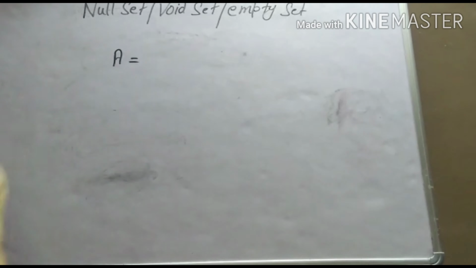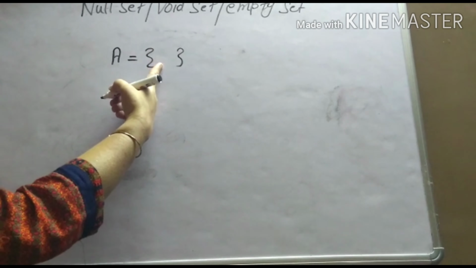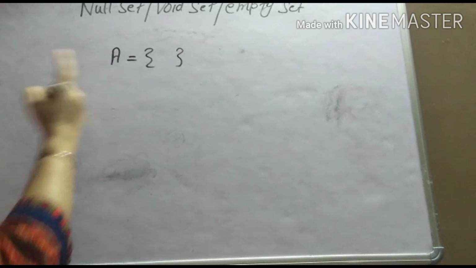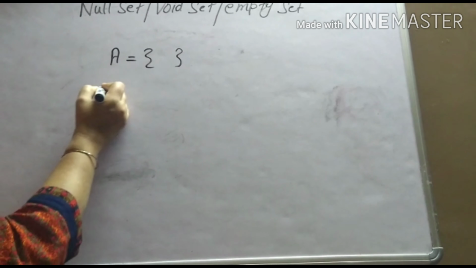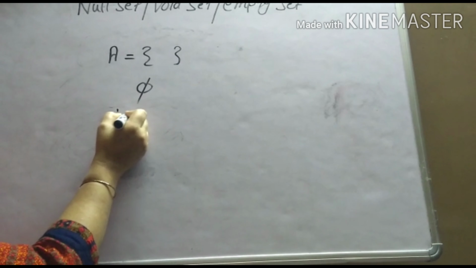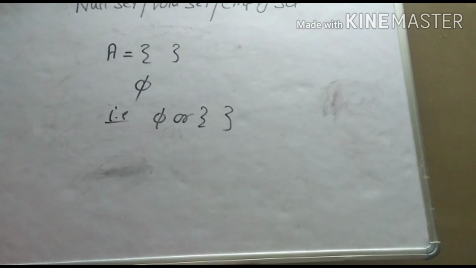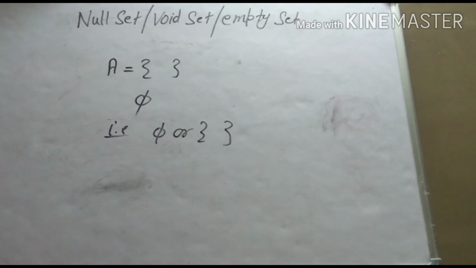For example, set A is { }. Now this set does not have any element, therefore this set is called a null set or void set or empty set. We can represent it by phi. It means phi or empty brackets represent the same thing, that is null set or void set or empty set.